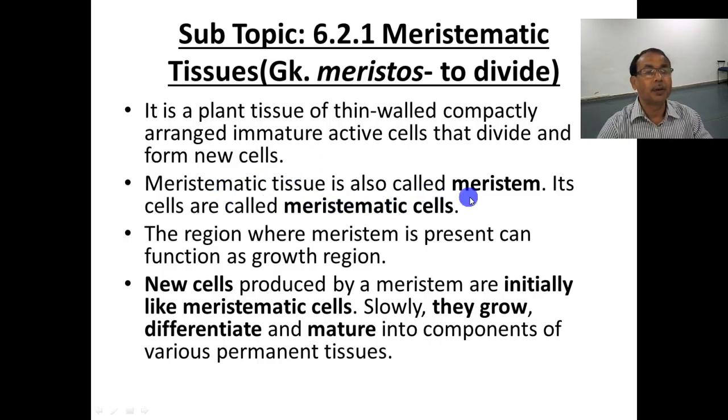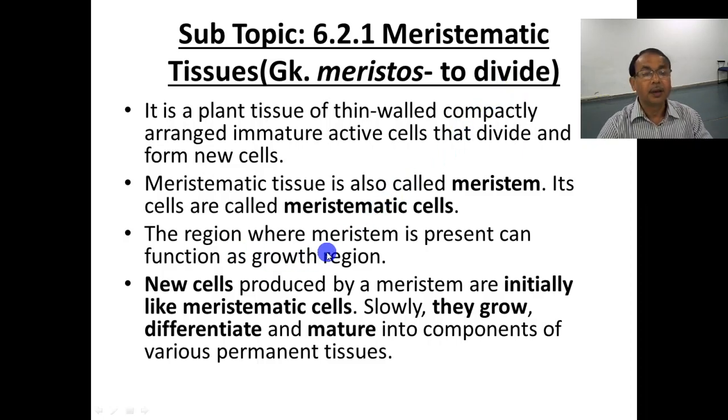Meristematic tissue is also called meristem. We can also call the meristematic tissues as meristem. The cells of the meristematic tissues are called meristematic cells. Again, I am repeating, meristos means to divide.